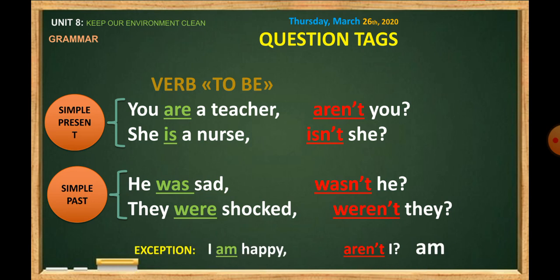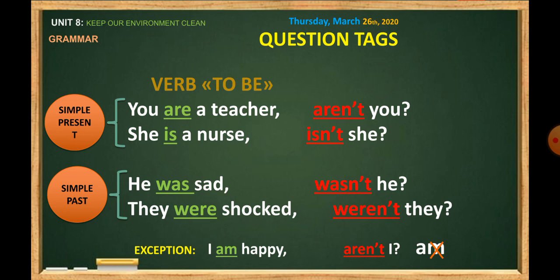But there is an exception. There is one exception for the verb: the first person singular, I am. In sentences with I am, we don't say amn't I. No. Okay? We don't use am. What do we use? We use aren't. Okay? For example, I am happy. Aren't I? Okay?